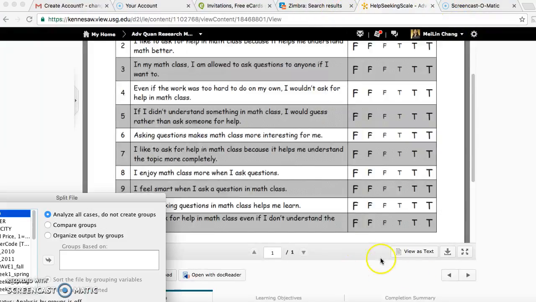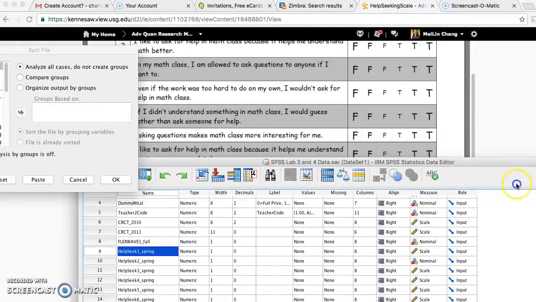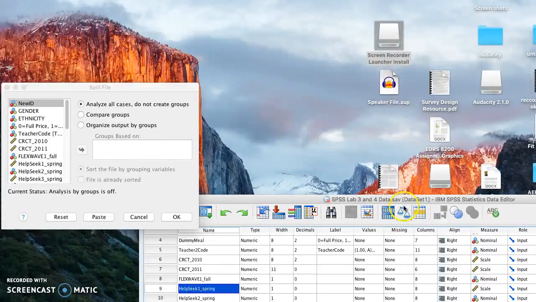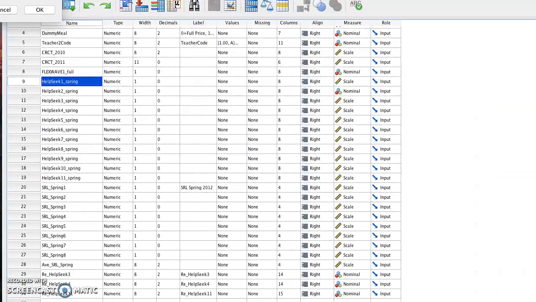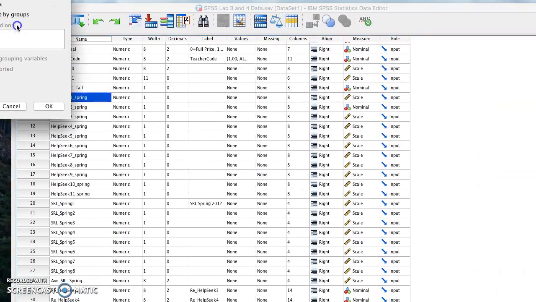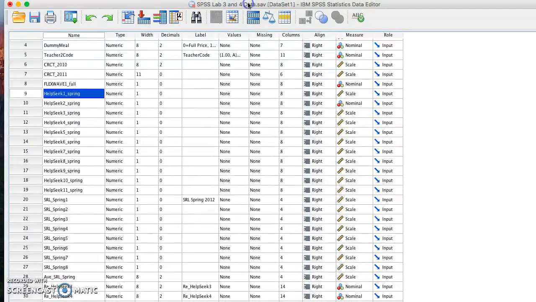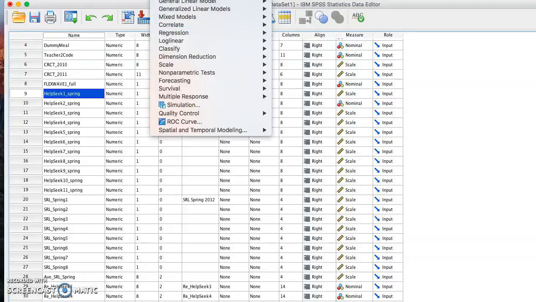Let me go to our SPSS. Here are the 11 items originally from lab data 3 and 4, and I'm not reverse coding them this time. I'm just going to run my factor analysis as the assignment instructed.